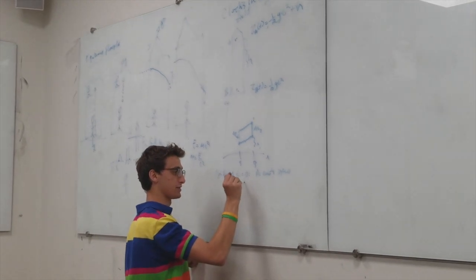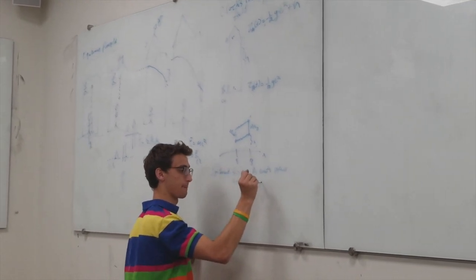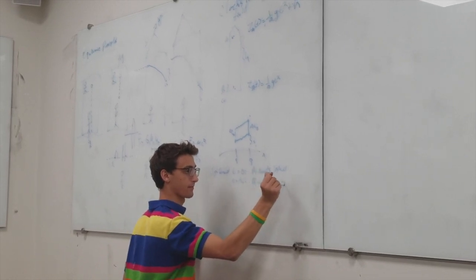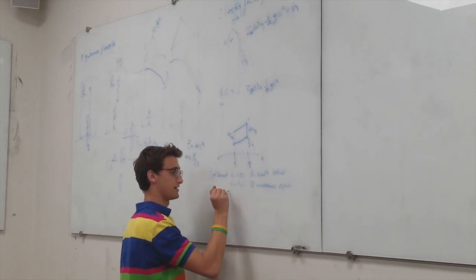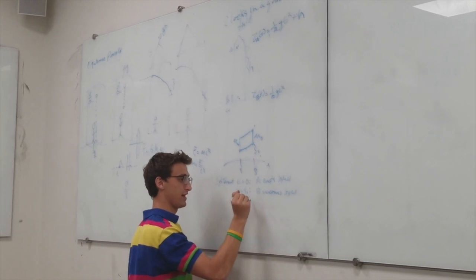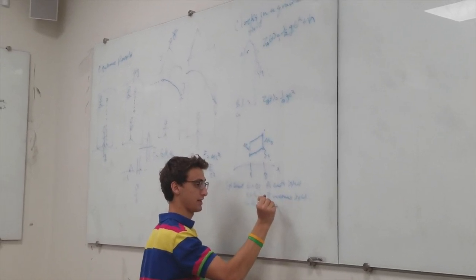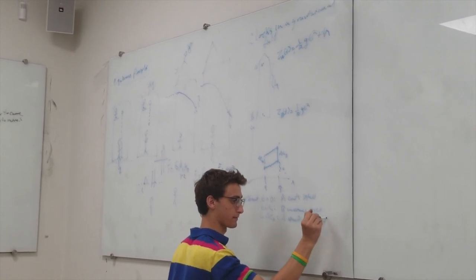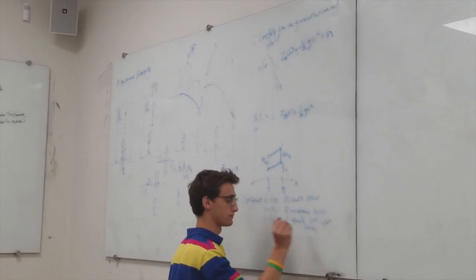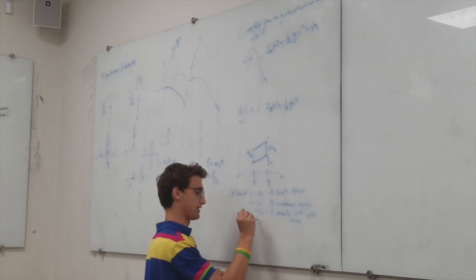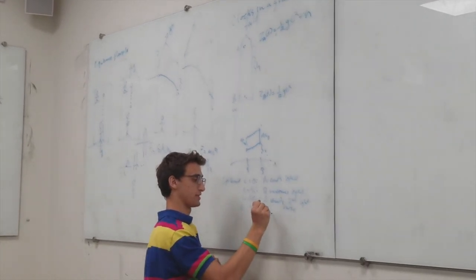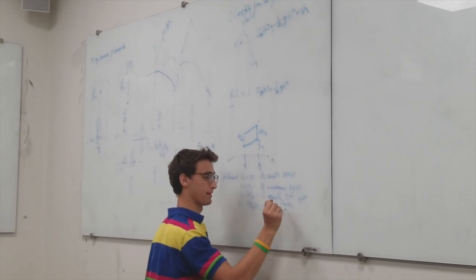At t equals t1, B receives light. At t equals delta TA, A emits the second light pulse. At t equals delta TB plus t1, B receives the second light pulse.